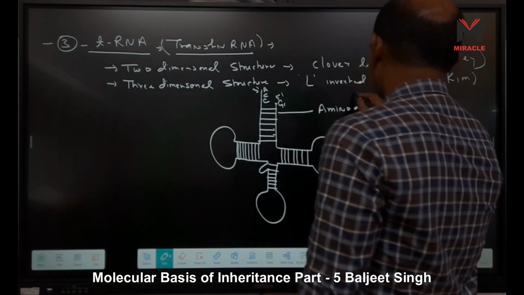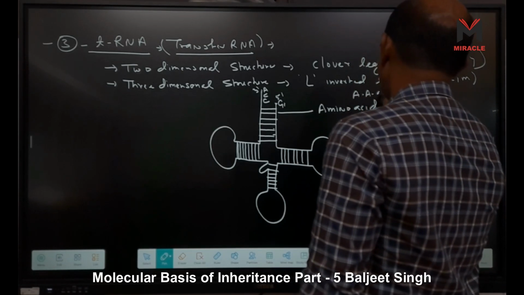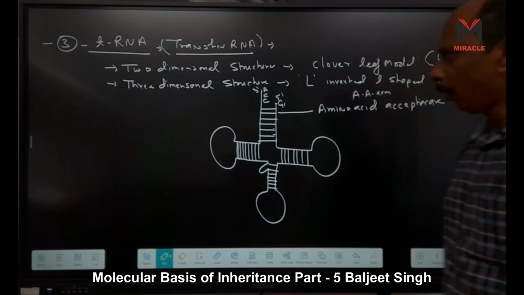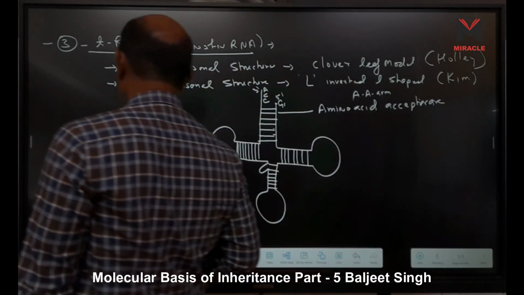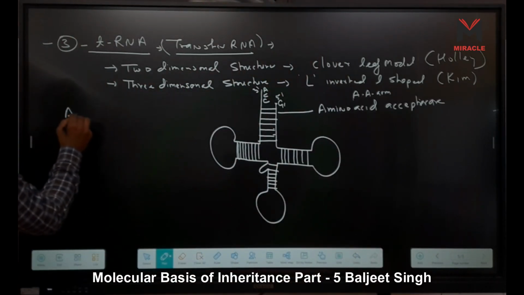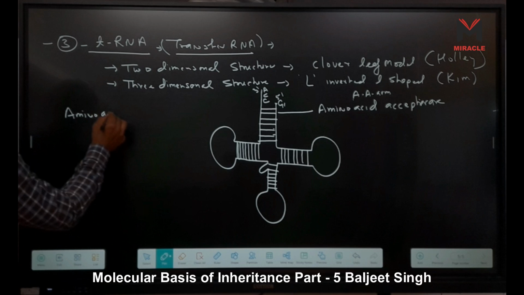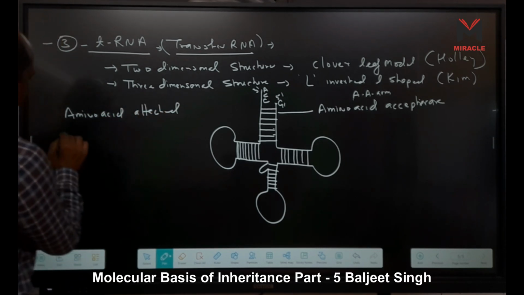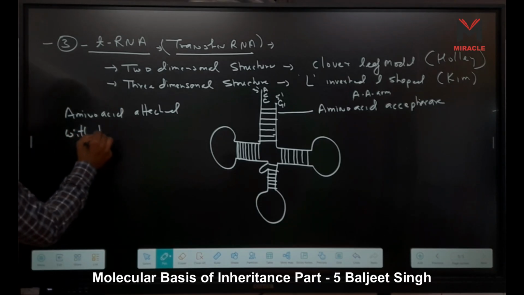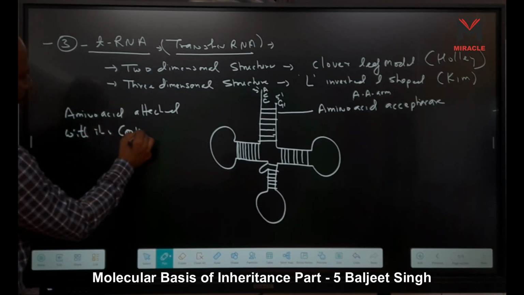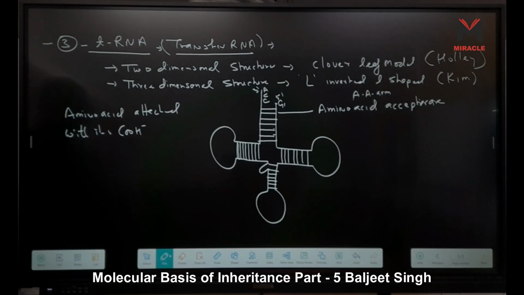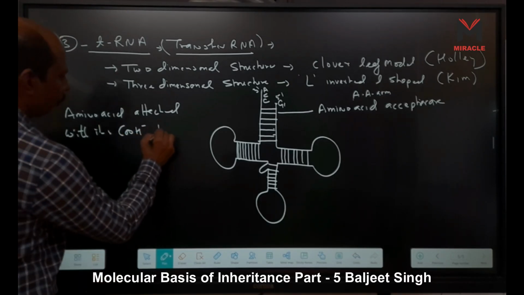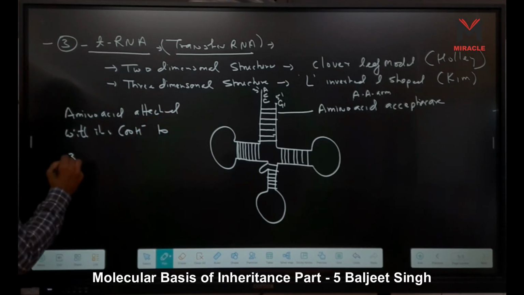right? Or sometimes we say AAR, amino acid acceptor arm, because amino acid is attached with this A, attached with its COOH group to the 3' strand.